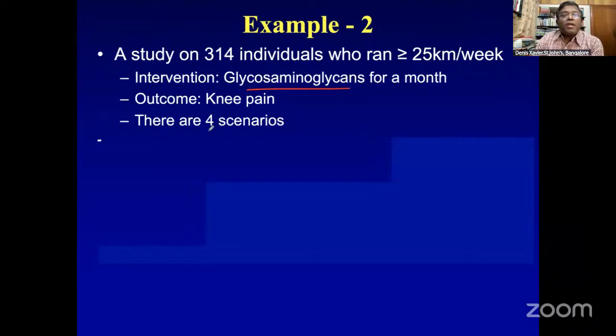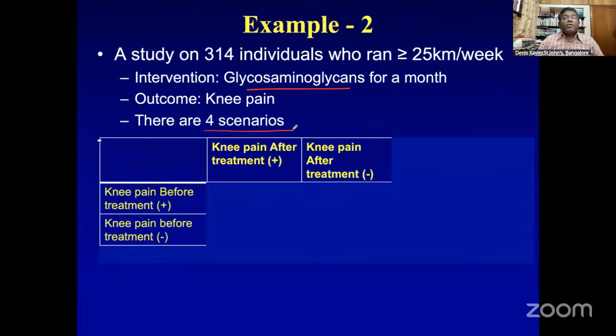And there are 4 possible scenarios in this. There are people who had knee pain before they started treatment and they continue to have the knee pain after treatment, no change. The people who had knee pain before treatment, after 1 month, no knee pain, they were thrilled.